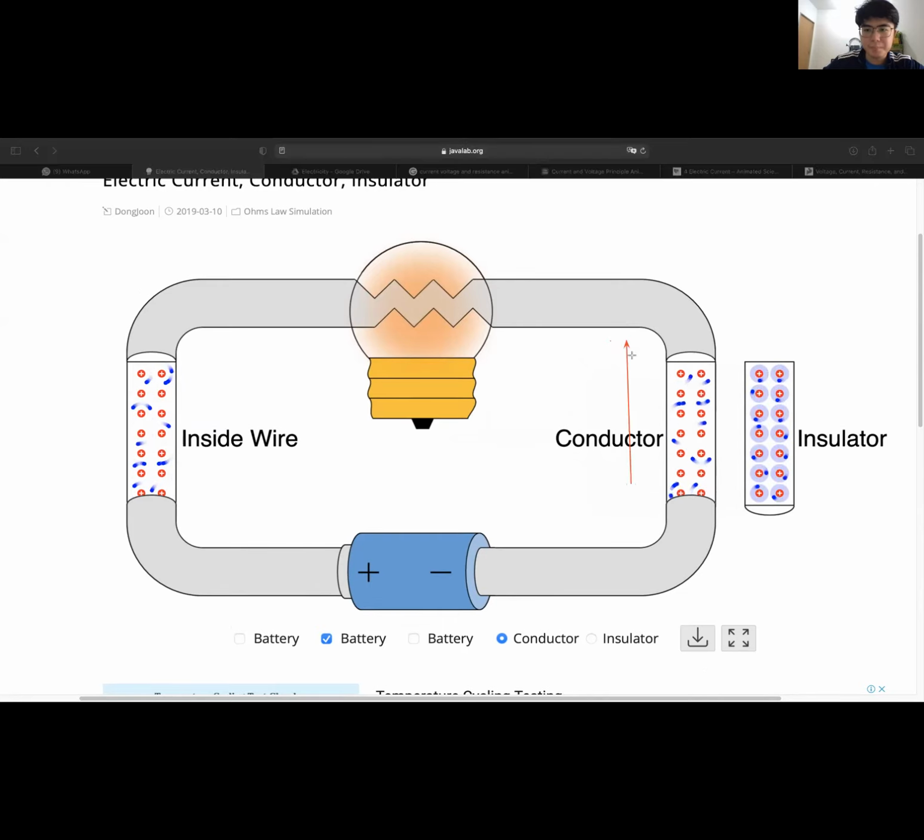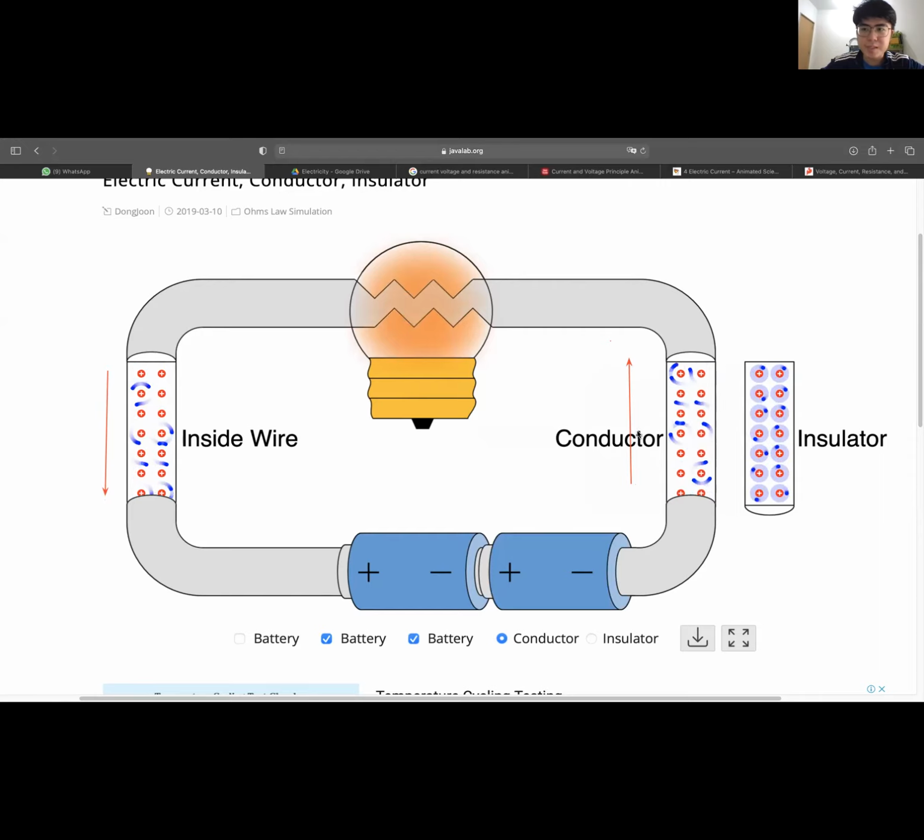If I add one more battery, what changes can you see? The speed, right? The speed of the electron flow increases. Now if I add one more, 3 batteries, and look at the speed. The speed of the electron is faster and faster. That means higher current. When you increase battery, you get higher current.